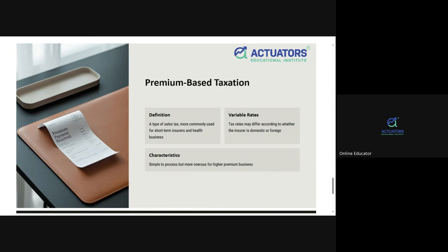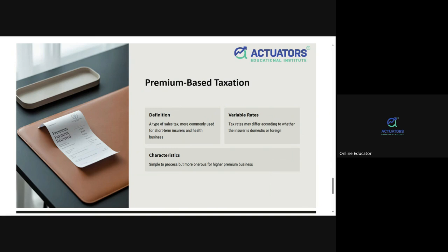So you look at the total premium income, you put a percentage on it, and that becomes your tax payable. One of the pros is that it's very easy to calculate. You don't need complex systems or calculations. It's very simple to understand and implement.